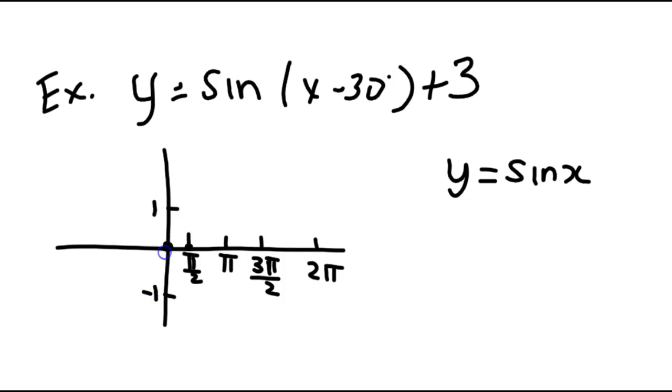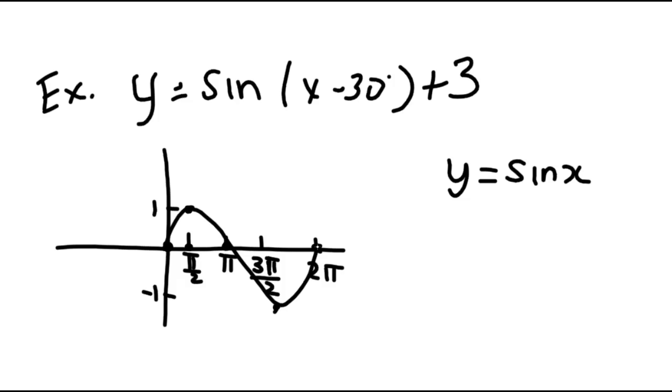And you'd start at the origin and you'd go up, back, down, back. Okay, so keep in mind this is the original. That's usually what an original sine equation looks like.